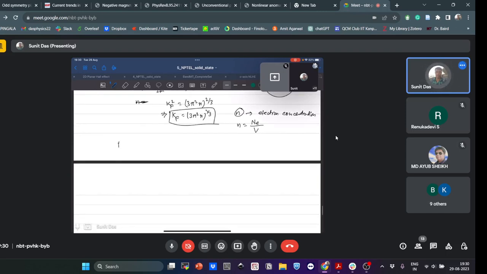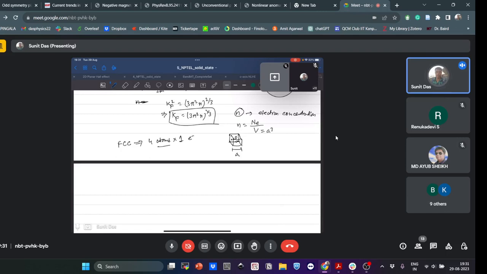Now given that it has an FCC structure, in its unit cell, if we consider the lattice constant a, the volume is a cube, and it has 4 atoms in total in a unit cell. In electrical conduction each atom contributes only 1 electron. Why?